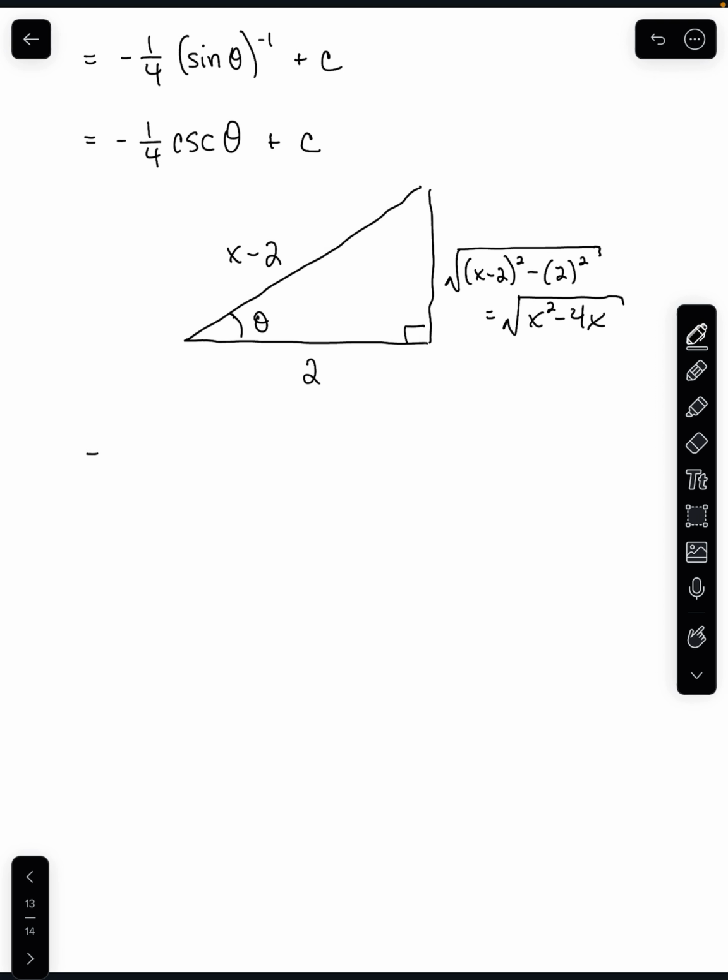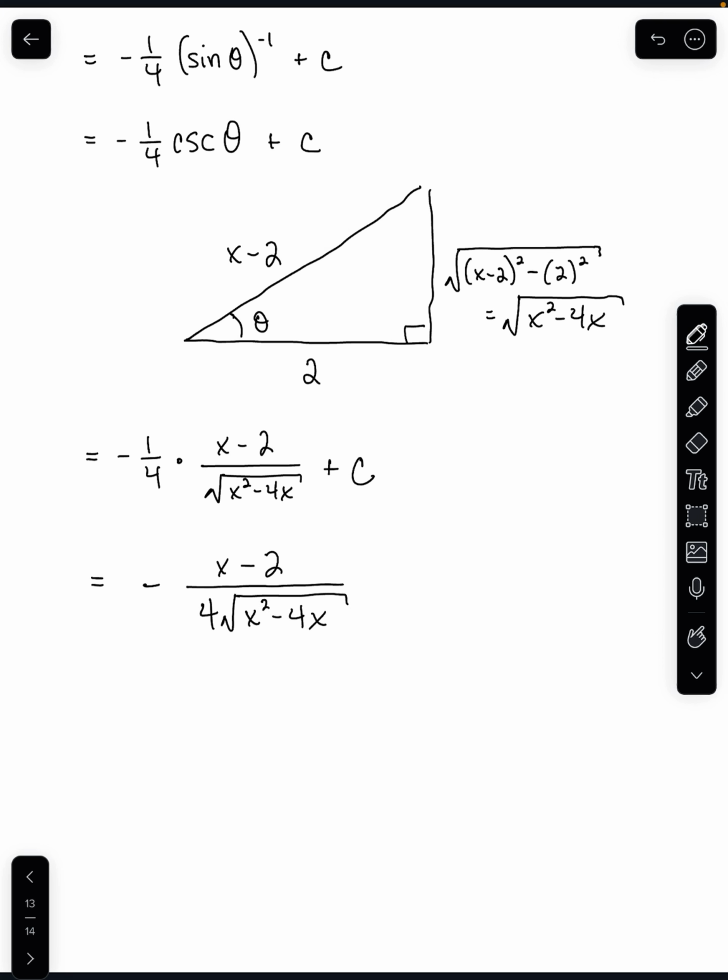Cosecant of theta then would be the length of the hypotenuse over the length of the opposite side. Thus giving us a result of negative (x minus 2) over 4 times the square root of x squared minus 4x, plus c.